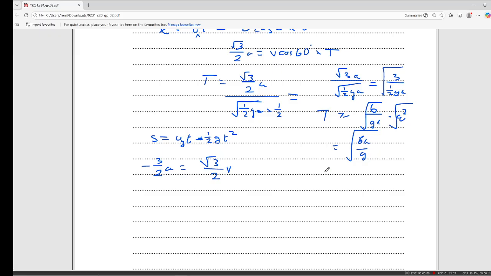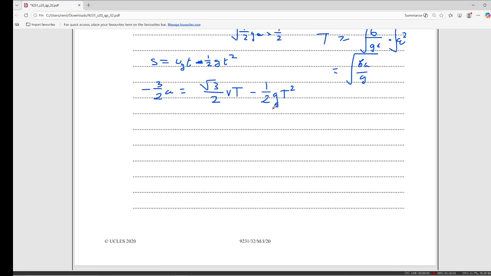I'm not going to write root 1 by 2 ga because it could be confusing. Let's write all the stuff that we can about t: root 3 by 2 times root 6a by g, and I think now it's an appropriate time to include v as well, so it'll be root 1 by 2 ga.